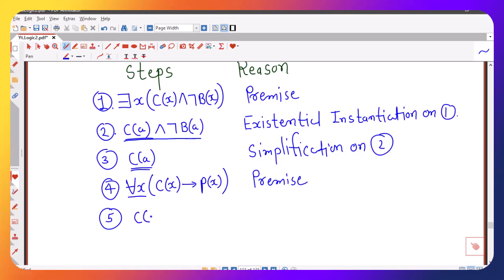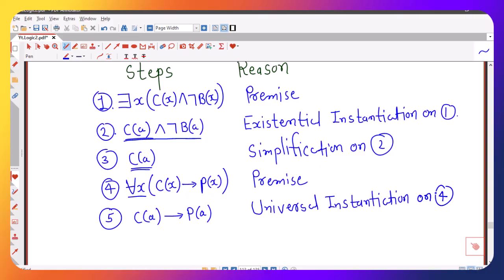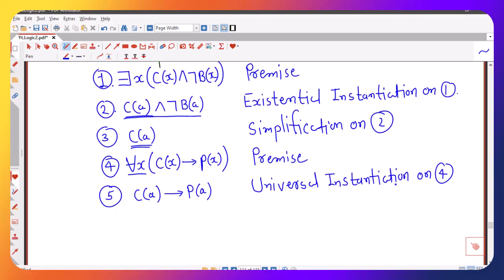So I can write C of a implies P of a. So what am I using? I am using universal instantiation on step number 4.